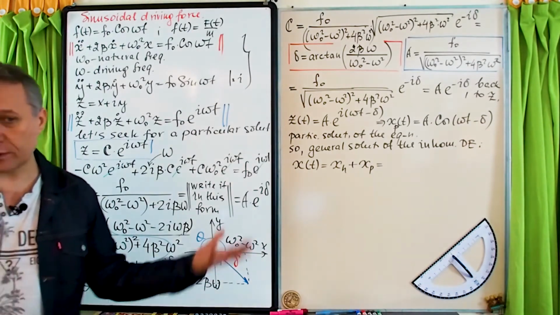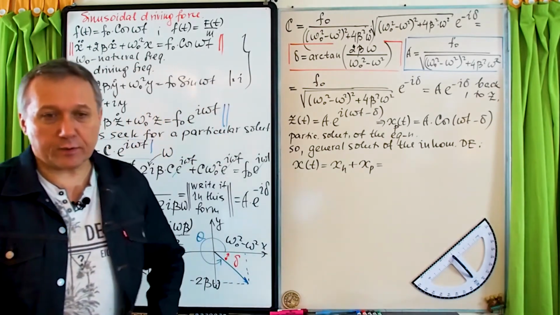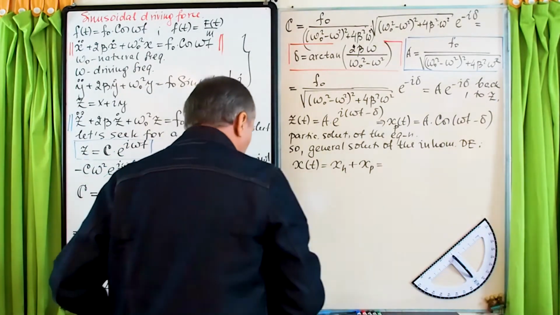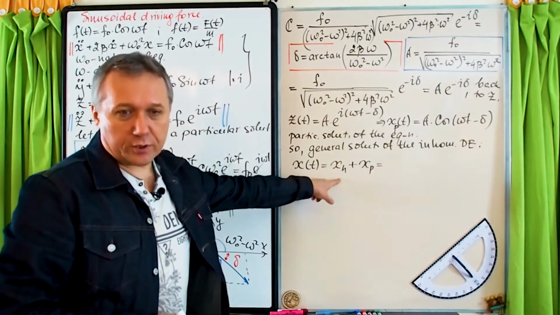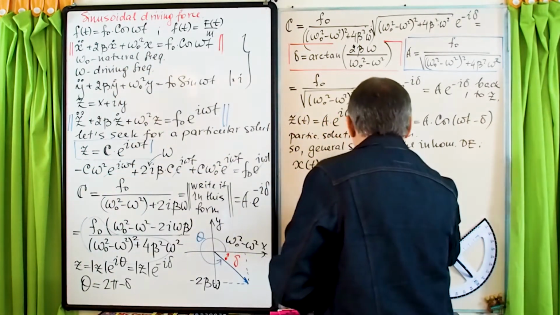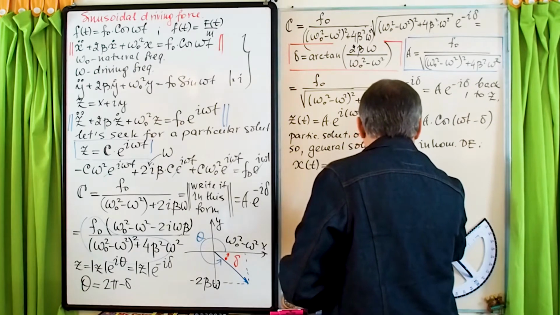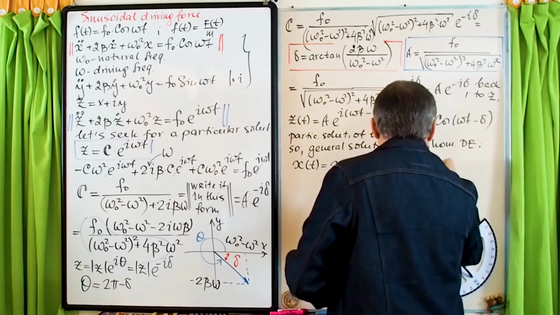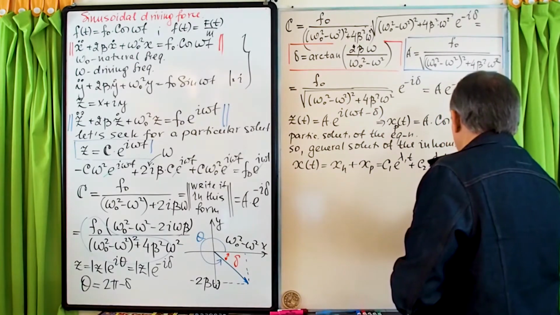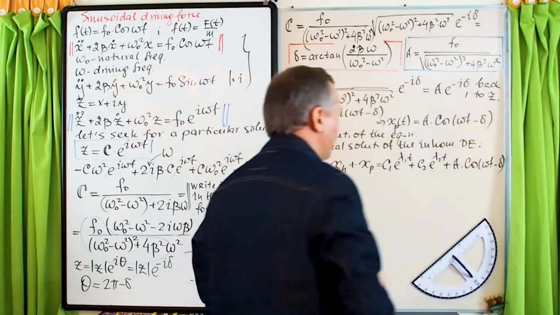It doesn't matter which form or what structure, as long as it satisfies the inhomogeneous differential equation. So in the most general case, C1 e to the power of lambda 1 t plus C2 e to the power of lambda 2 t plus A cosine(omega t minus delta).